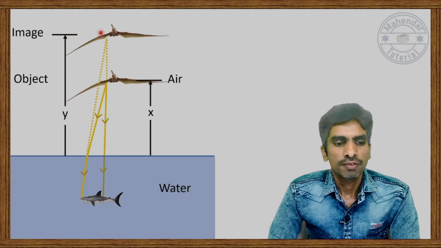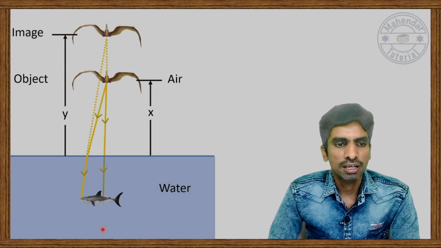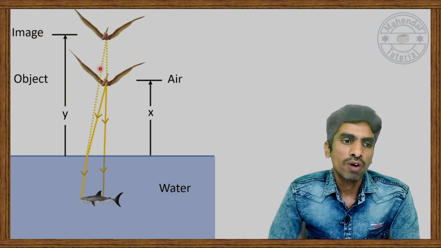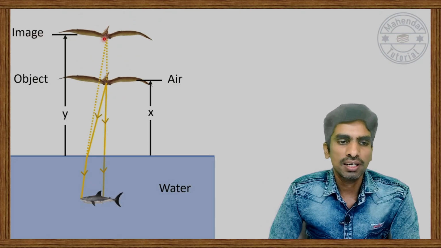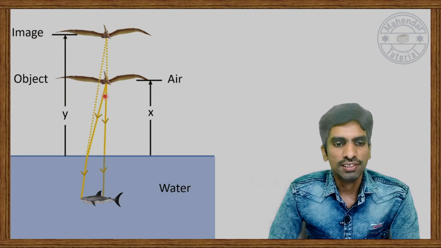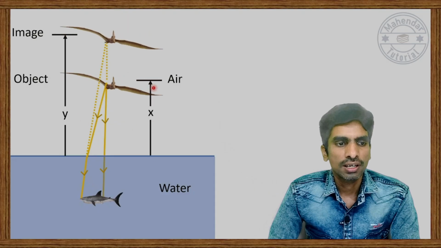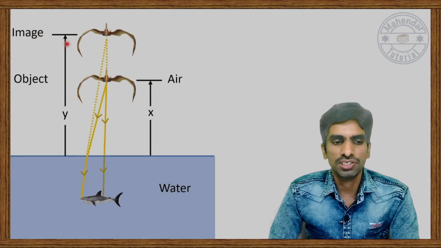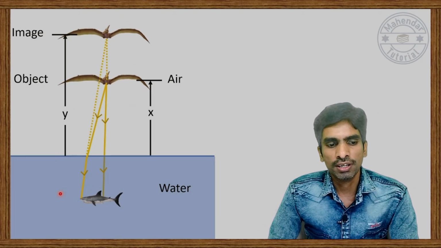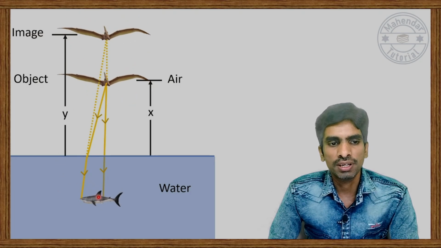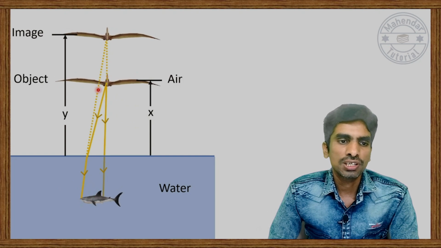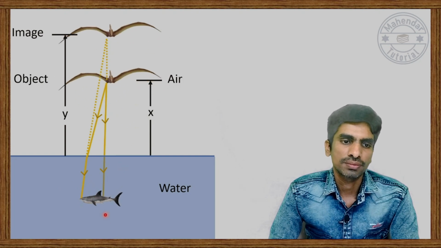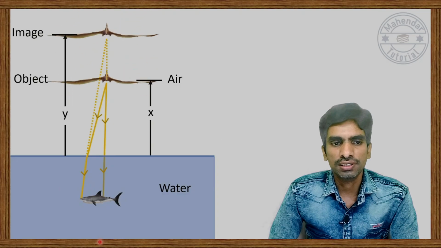So for the fish, the bird appears to be farther than its actual distance. You can see x is the actual distance, where here is the object, and y is the image distance. So from the point of view of the fish, the bird will be farther than its actual distance. Let us derive this theoretically.